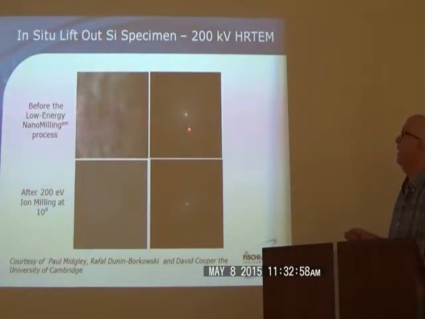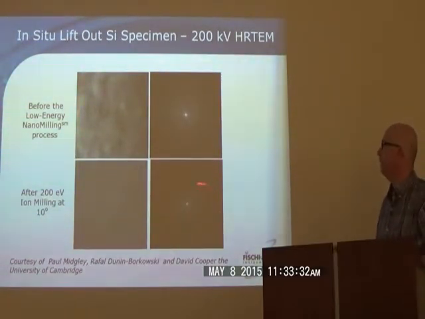But the idea is that with this type of diagram that we can project into TEM, the more spots that you have and the farther out to a radius they exist, the better quality material, the less amorphization occurs after a milling process. So we can start out with something like this before the nanomilling process, and after we have a lot less of those defects in the image and a much clearer FFT over here, and sometimes a few more spots out to a larger radius from the center of that little diagram.